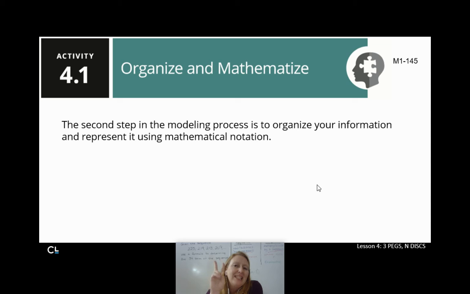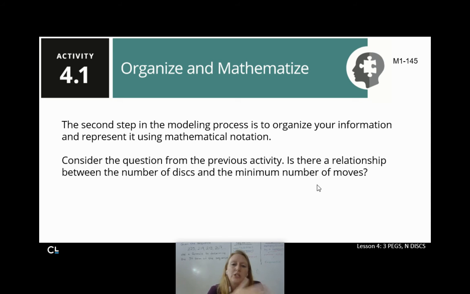The second step in the modeling process is to organize your information and represent it using mathematical notation, right? Let's start using some numbers in there. So considering the question from the previous activity, is there a relationship between the number of discs and the minimum number of moves?